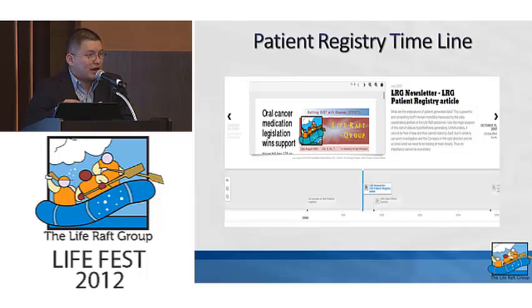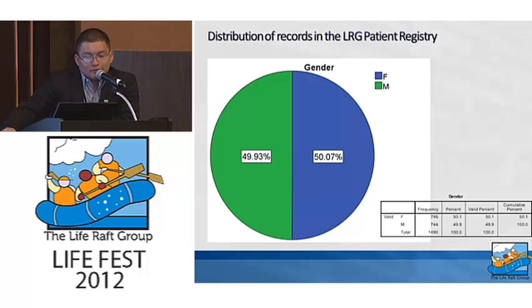So this is going to describe all the different records that we currently have in the patient registry. For example, among all the records, we currently have around 1,500 records, and it's basically equally distributed in regards to gender, 50% and 50%, about that.